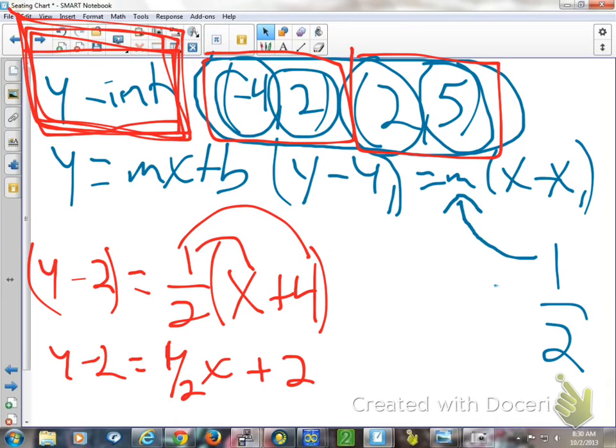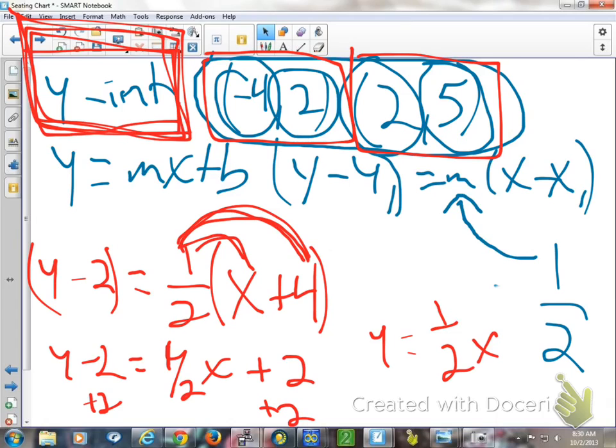Add the 1/2 times 4. You have to take the 1/2 times the x and 1/2 times the 4. So we add the 2 to the other side, and your finished equation is y equals 1/2 x plus 4.